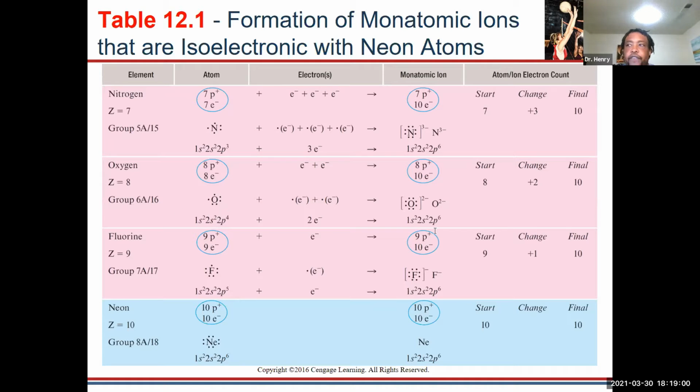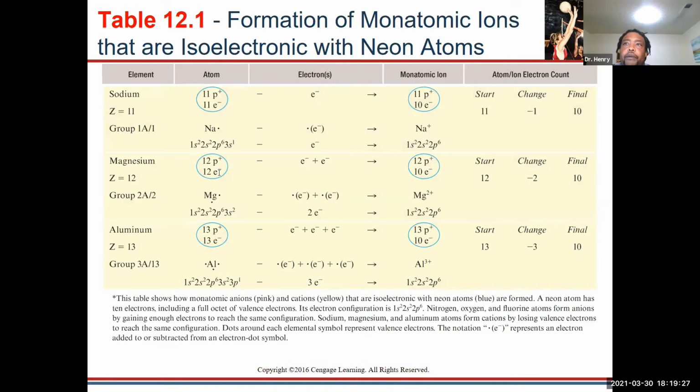Oxygen, we just talked about, if it gains 2 more electrons, it'll have the same number of electrons as neon: O2-. Fluorine, if it gains 1 electron, it will have the same electron configuration as neon: F-. And then, of course, we know what neon is.